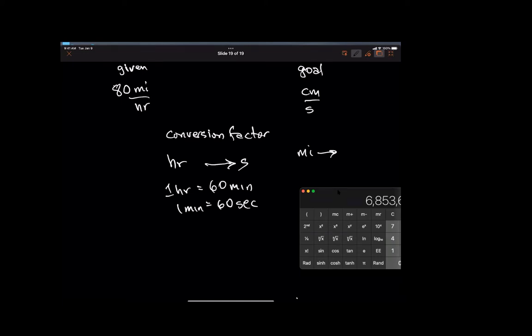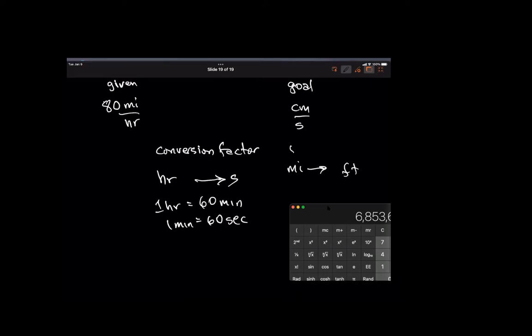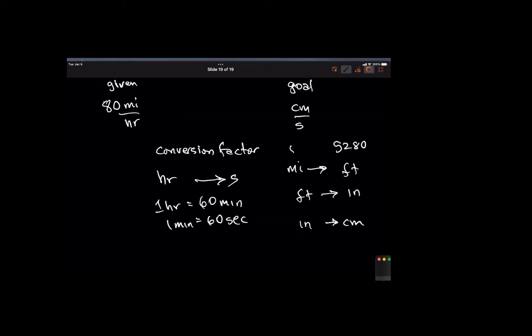It shows that in terms of length we can do feet: 1 mile is 5280 feet, then feet to inches, and then inches to centimeters. Those are the conversion factors I could use. If you have a more direct conversion factor, that will work as well.